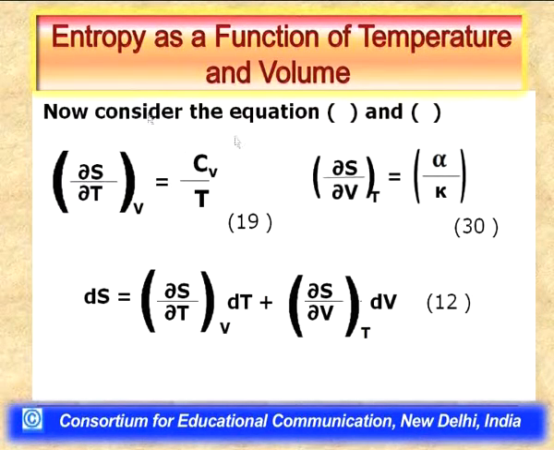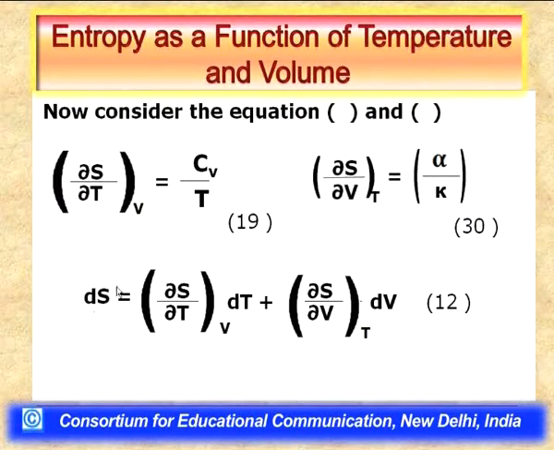Having said this, now what mathematical jugglery we have been into, what we have achieved, it is time to look at that. Now see, we have evaluated two differential coefficients: del S by del T at constant V as Cv by T, equation 19, and we have also evaluated del S by del V at constant T equal to alpha by kappa.